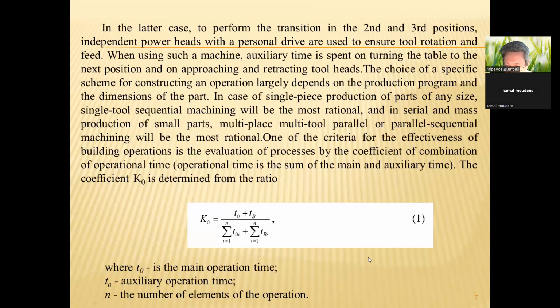So write down to your notes this formula, and in this formula t suffix 0 is the main operation time, t suffix b auxiliary operation time, and n the number of elements of the operation. It's the coefficient of combination of operational time.